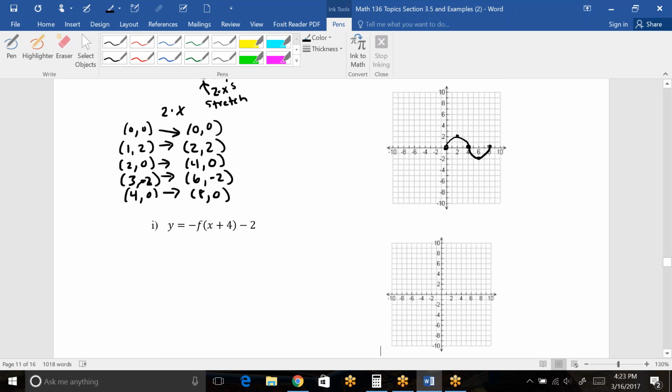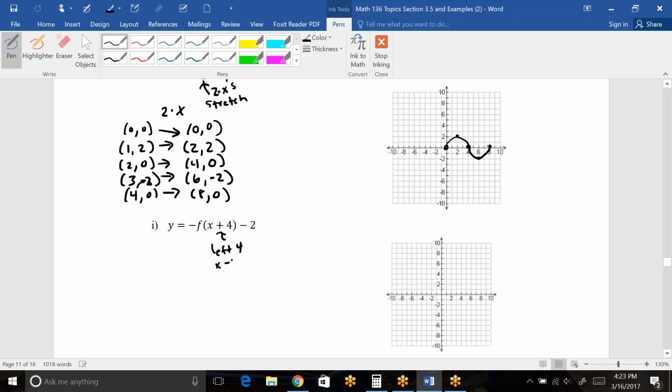All right, now let's talk briefly about some multiple transformation ones for the same graph essentially. For this one, we need to go left 4 because of this inside here. So remember that's subtracting 4 from each x. If you want, a better way to write that is x minus 4 essentially.